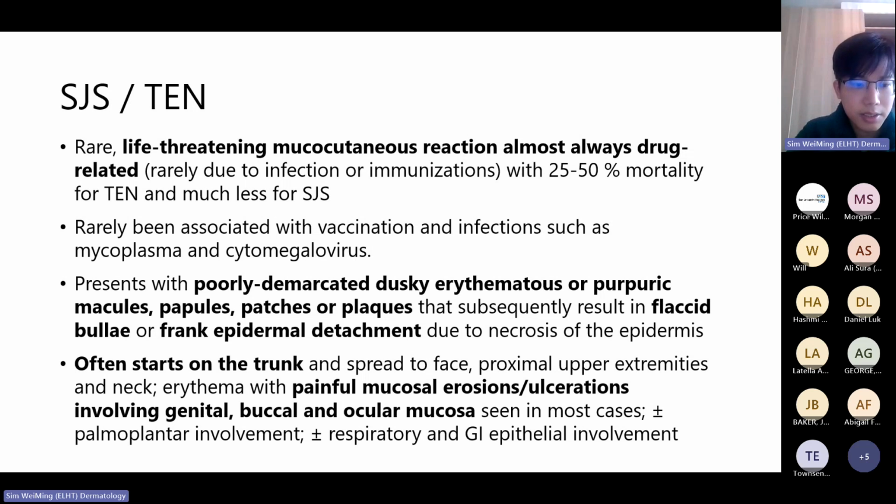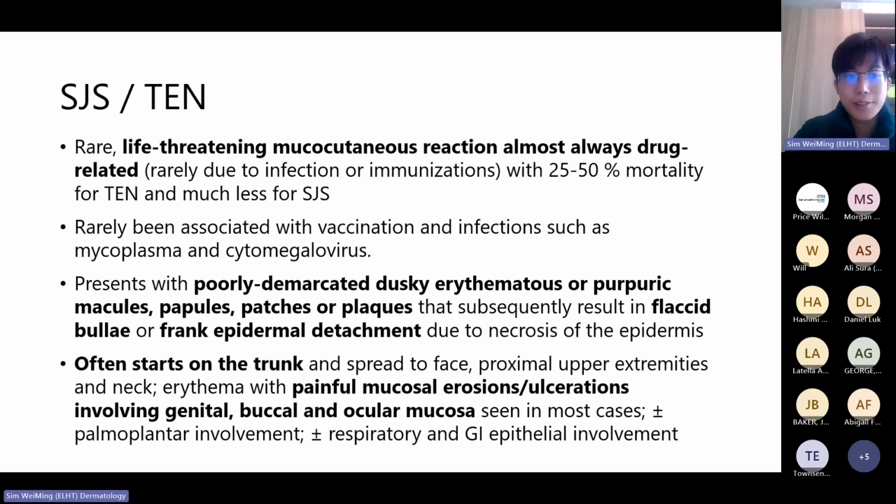Otherwise, the lesions often start on the trunk, and they spread elsewhere. And then in SJS and TEN, there will be mucosal involvement for both, and they're usually painful, and they can involve the eyes, the mouth, the genitals.